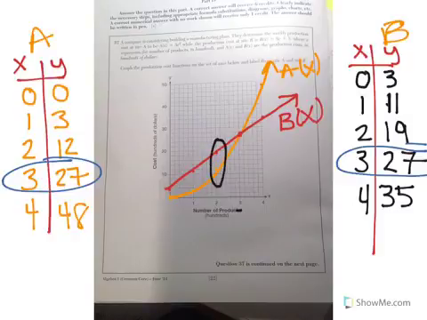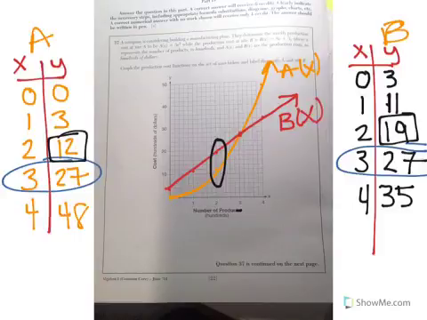At A, they would only have 12 for the cost in hundreds of dollars, so $1,200. And at B, they would have 19, which is $1,900. If you look back to the actual question, it tells us that this is the production cost, so it's how much the company has to pay. You would want the cheaper option. In this case, A is cheaper.